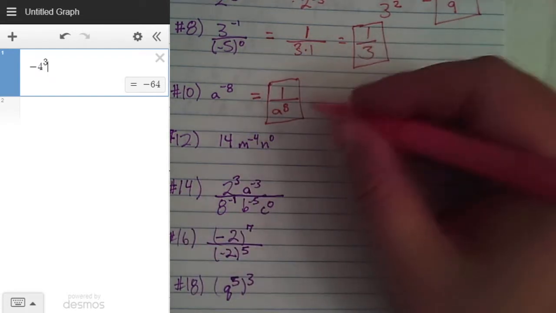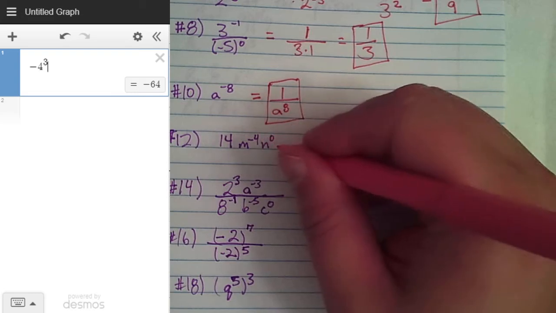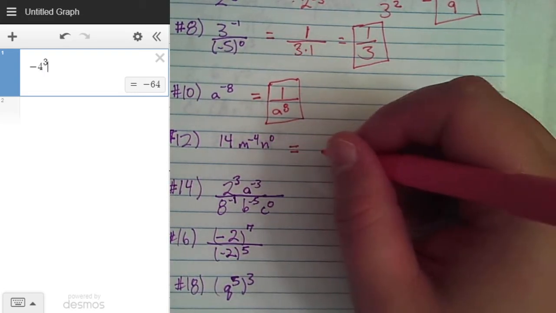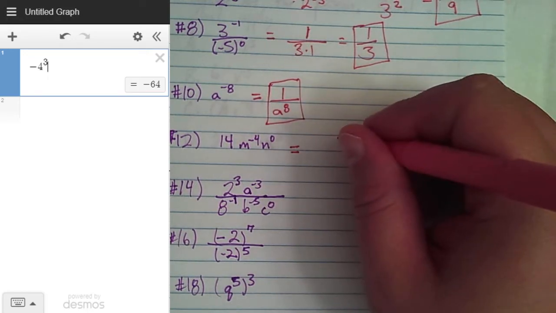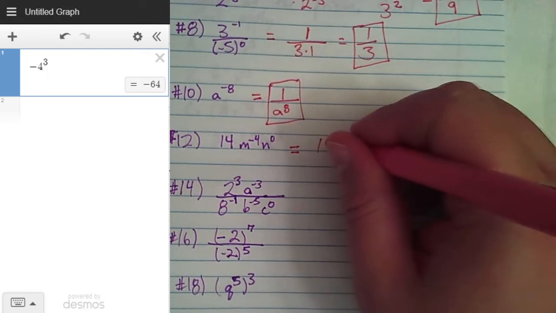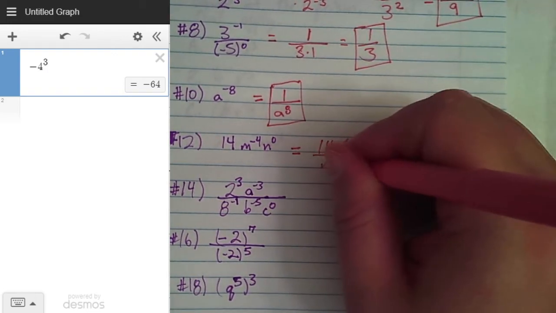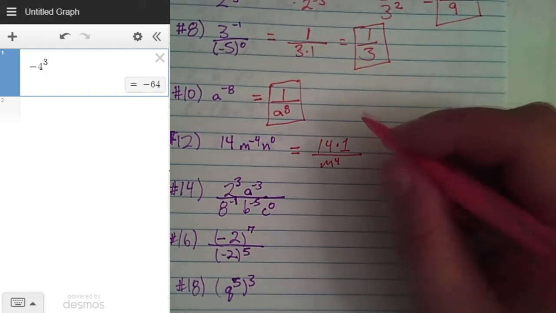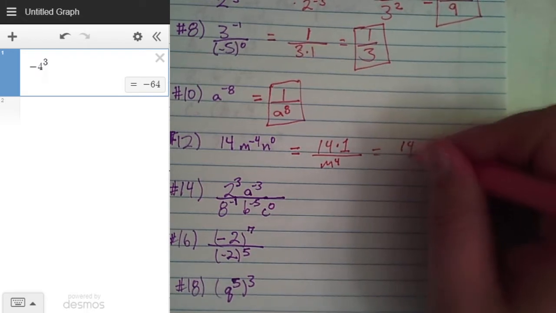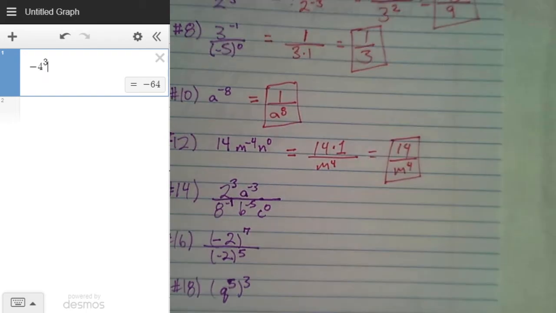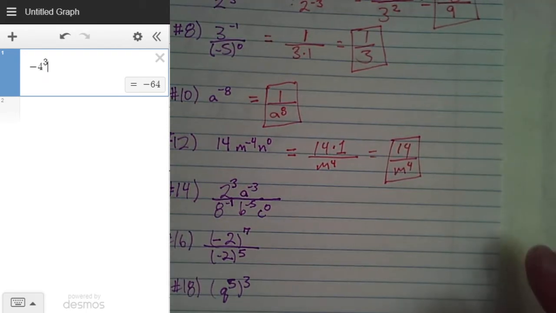Next, we have 14m to the -4th, n to the 0. What I like to figure out first is that n to the 0 is just 1, so we're going to have 14 times 1 over m to the 4th. So we get 14 over m to the 4th. Remember to box that answer.